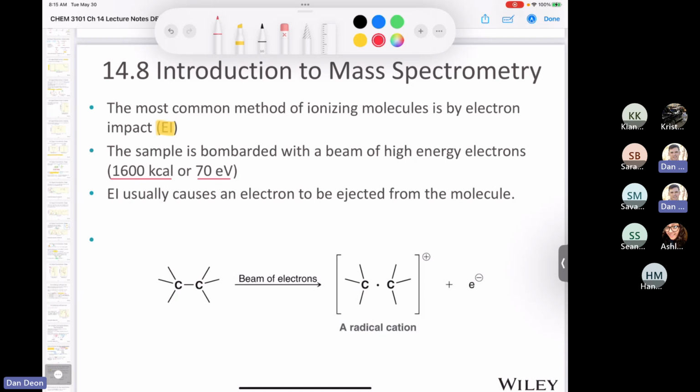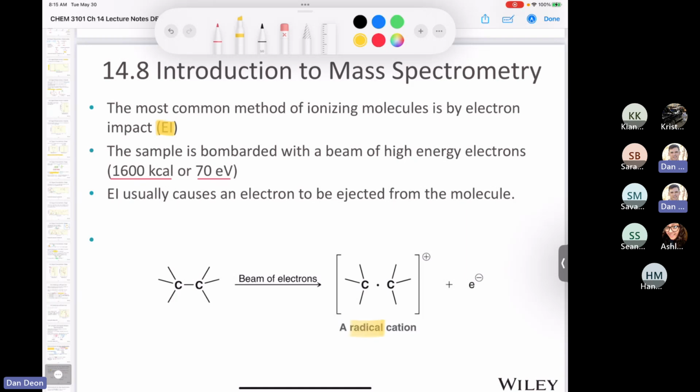So get this. What happens is, let's say you take a neutral molecule like this one here. And of course, they've drawn these carbons in for instructional purposes, to illustrate a point. So you hit it with this high energy beam of electrons, and what that does is it hits it so hard that it knocks an electron off. So you end up with a free electron, and then you end up with a radical cation. Now, what if you're sitting there going, what's a radical cation, Mr. Dion?